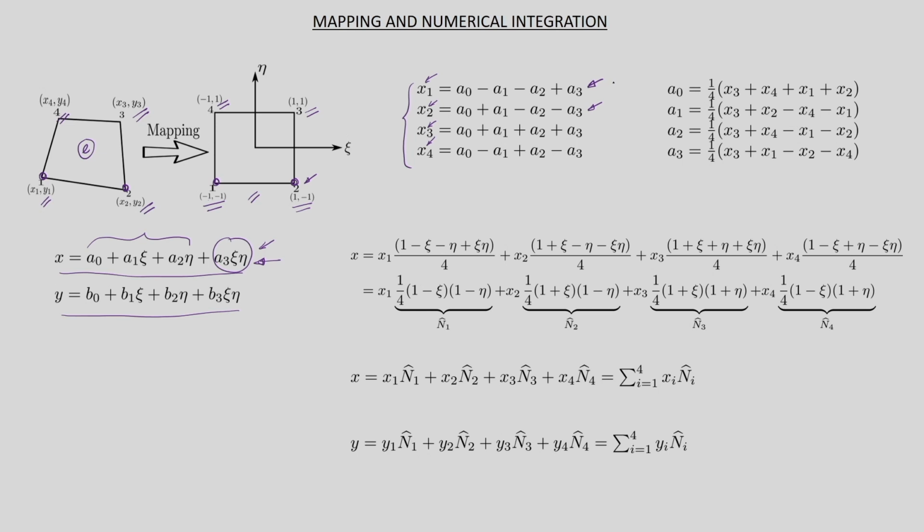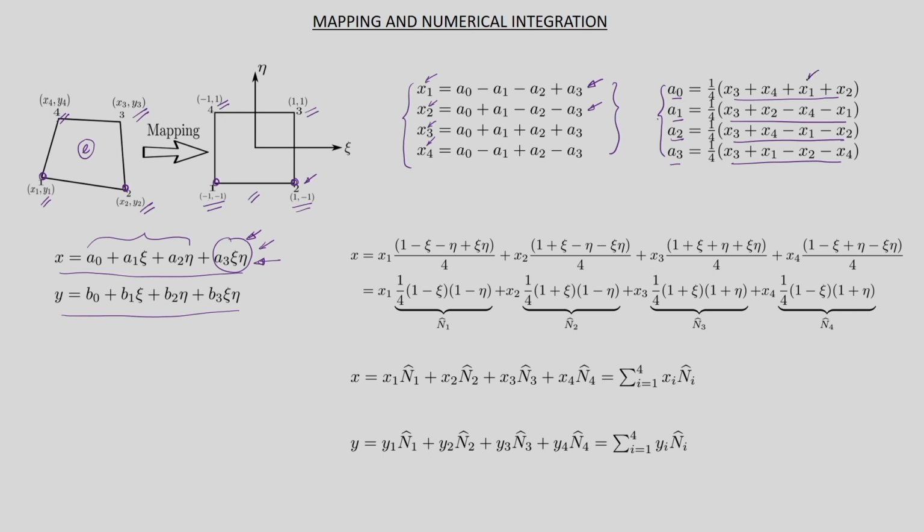So, solving these 4 equations, we get these 4 unknowns A0, A1, A2 and A3. These are basically functions of the x coordinates. Now, once we substitute this A0 in this expression again, we just collect the coefficients of x1.